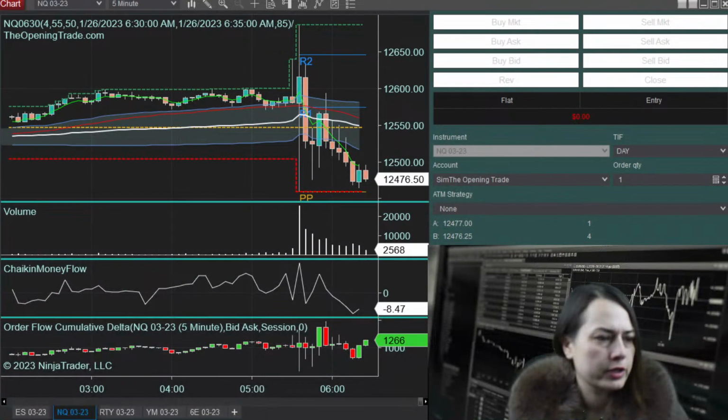So the first one we're going to look at, okay, hold on, I have my chart empty. Let's try this again. Bear with me. I'm having an empty chart.